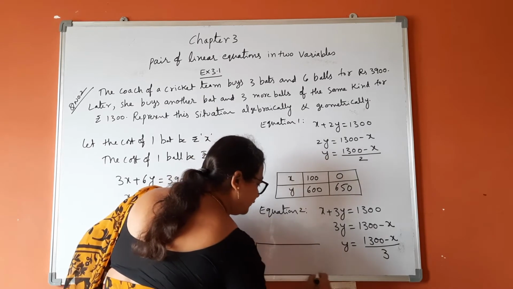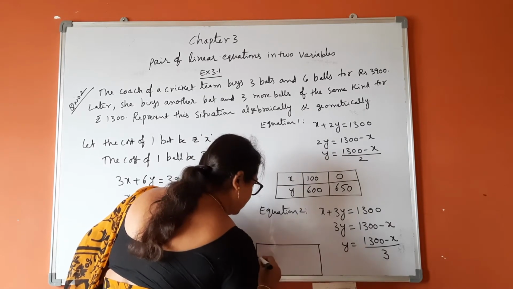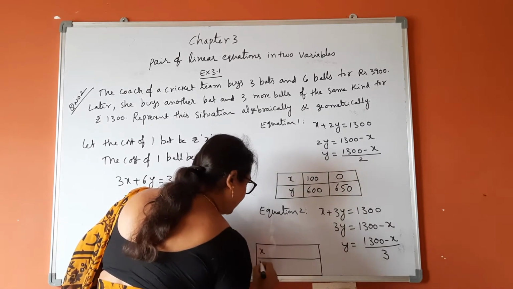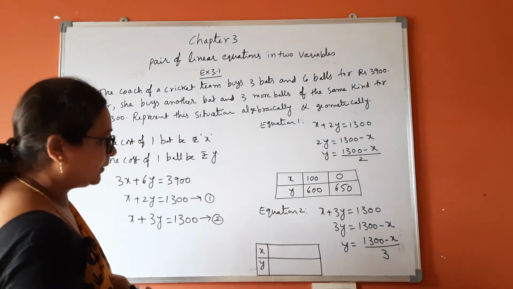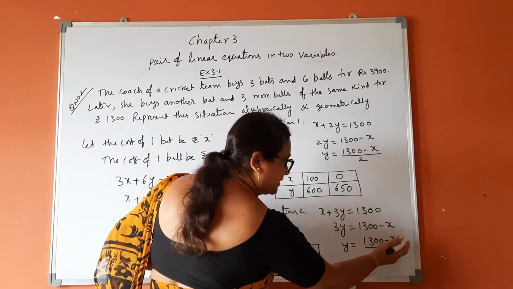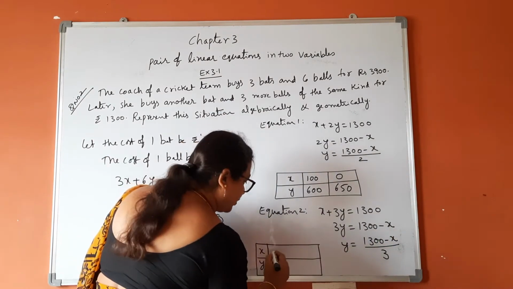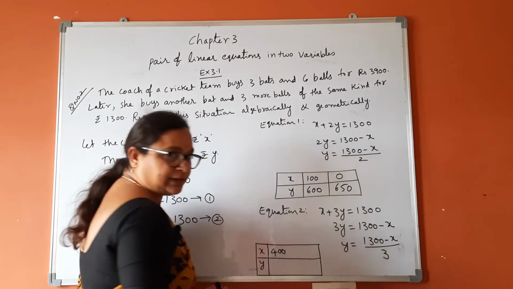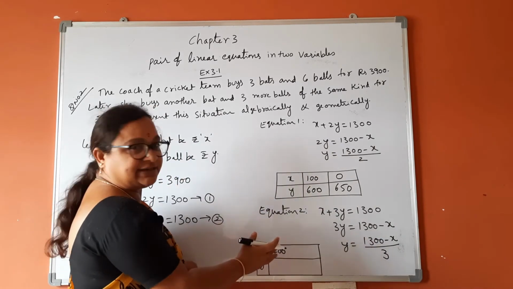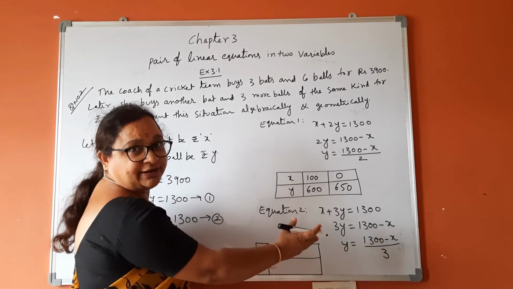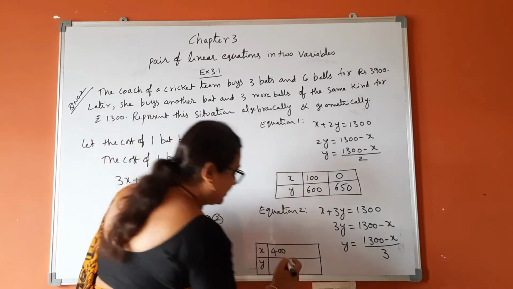Here also we need to find two solutions for x and y. Okay. Now let us take x as 400. 1300 minus 400 is 900. It is easy division, children. That is why I took 400. 900 by 3 is 300.